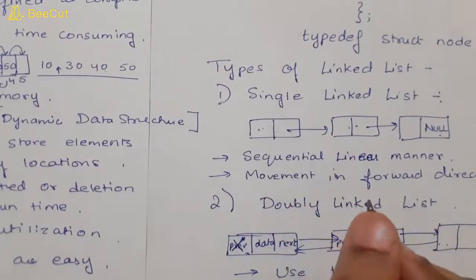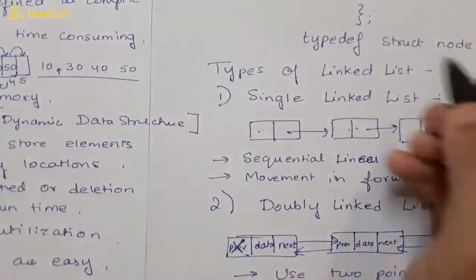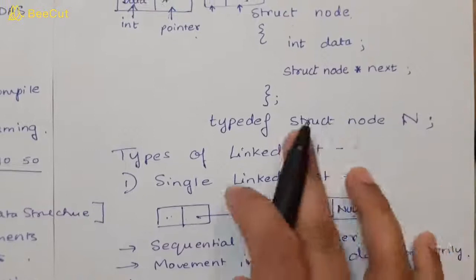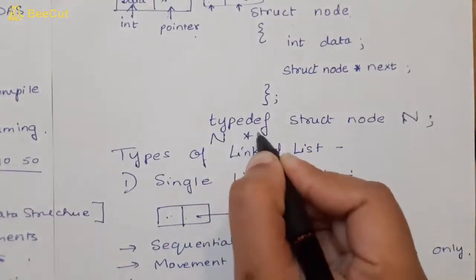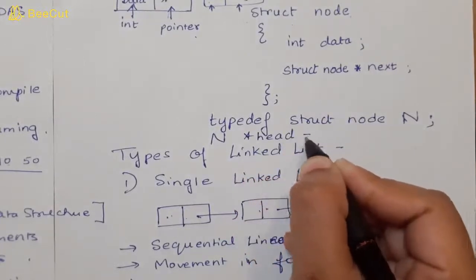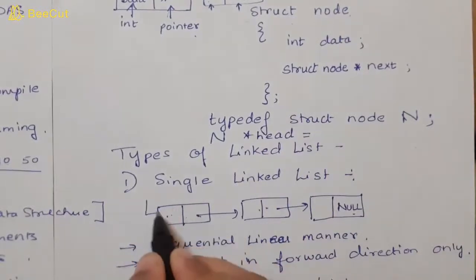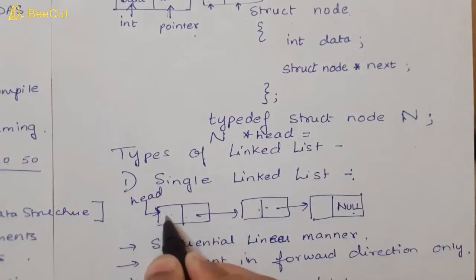The address of the head node is stored in a pointer variable head. Here we have taken n as the alternative name for struct node. So we are going to take one pointer variable head which is going to store the address of the first node. So always it will be like this. Head will be a pointer which will be pointing to the first node.